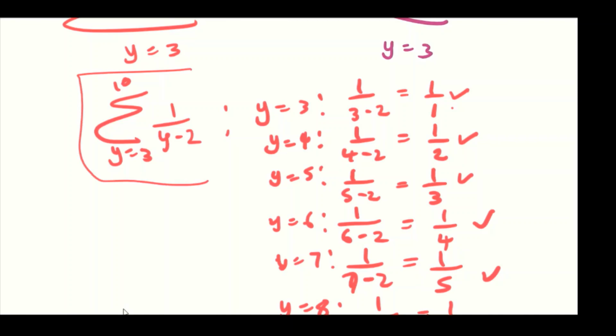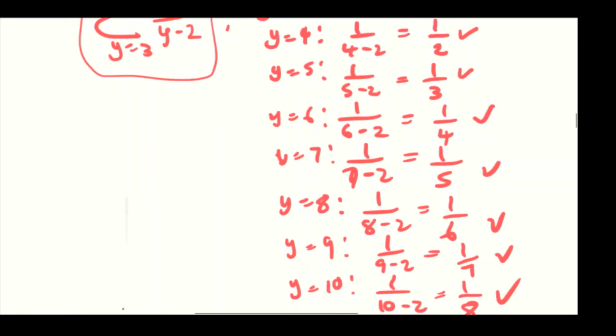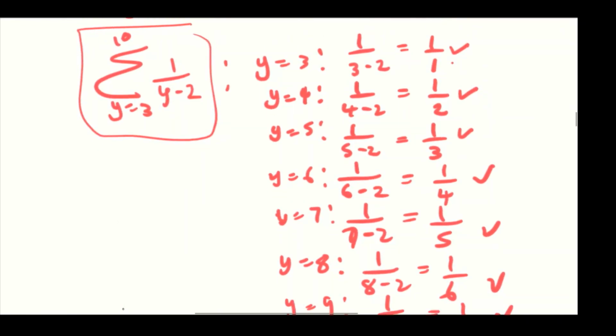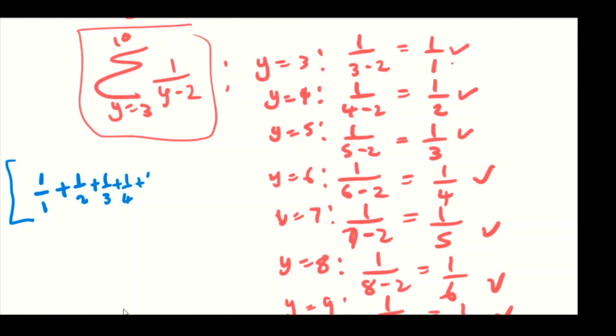This first sum here. So let's just write down all the terms. I'm just going to put them inside a bracket, all these terms here. So we have 1 over 1 plus 1 over 2 plus 1 over 3 plus 1 over 4 plus 1 over 5 plus 1 over 6 plus 1 over 7 plus 1 over 8 plus 1 over 9, right?